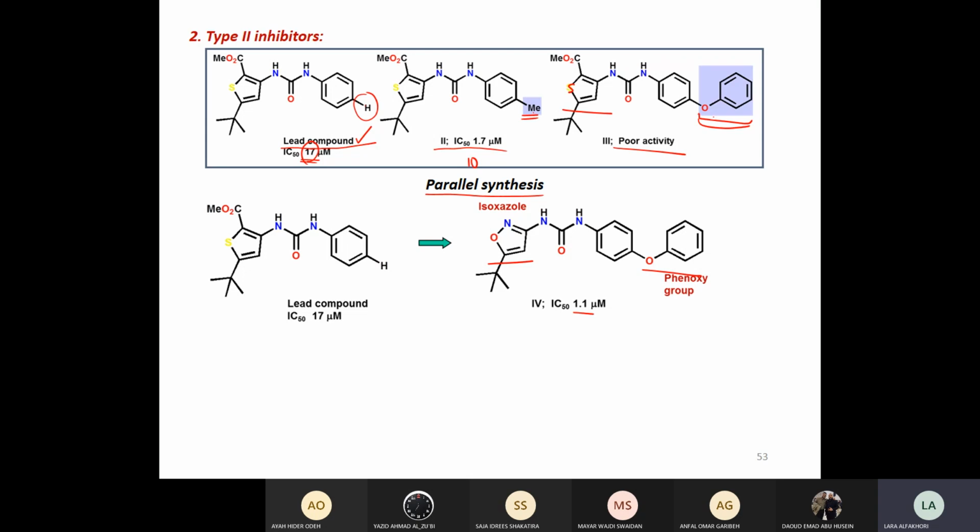When designing analogs, I don't rely only on one single modification that I use to decide where to go forward. In parallel synthesis, I change everything almost at the same time. This company made more than 1000 analogs based on parallel synthesis. They thought about every possible combination between the different compartments of the lead compound.